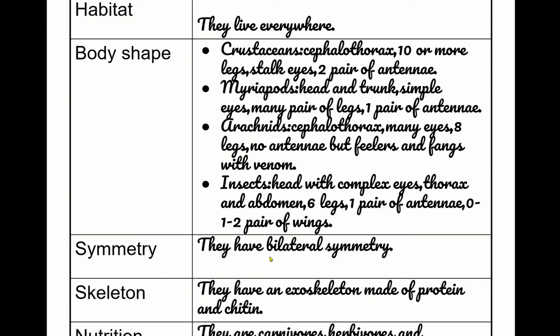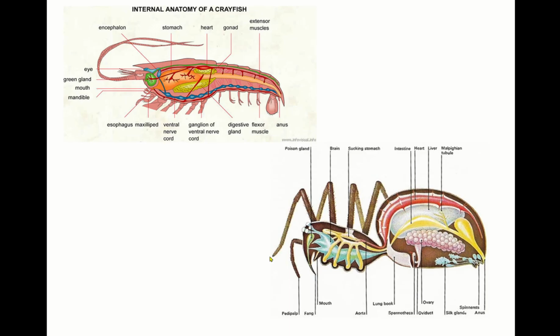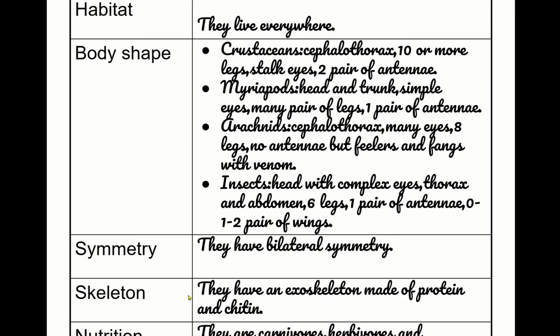Symmetry: because they have eyes, always remember, animals with eyes have bilateral symmetry. Skeleton: exoskeleton. In the case of crustaceans, they have a very hard exoskeleton made of calcium, and in the case of, for example, insects, arachnids, etc., they have an exoskeleton made of protein and chitin.